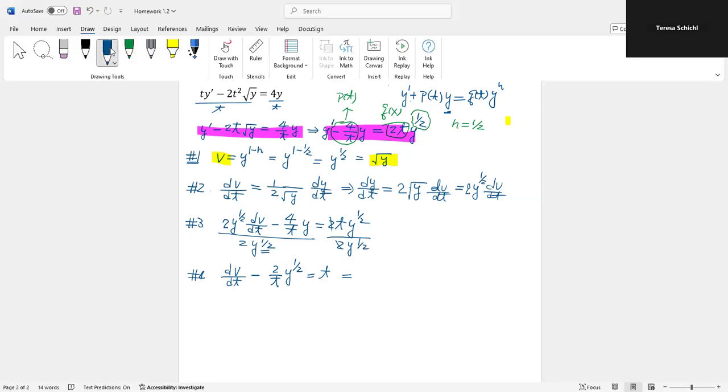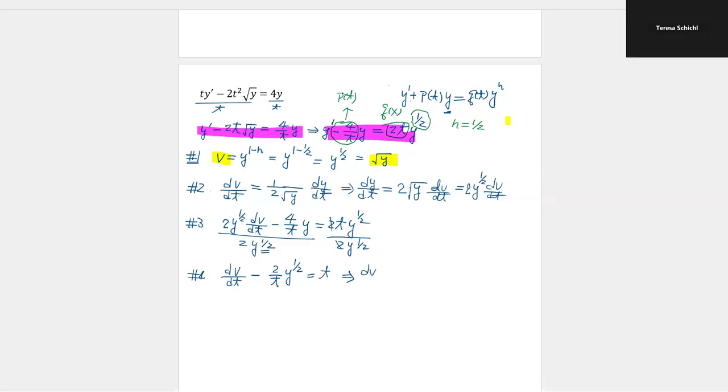So now I can change this equation to dv/dt minus 2t, and the square root of y is v. So I change this to v, and this is the t. Okay, so that's good. This is my standard first-order linear form.